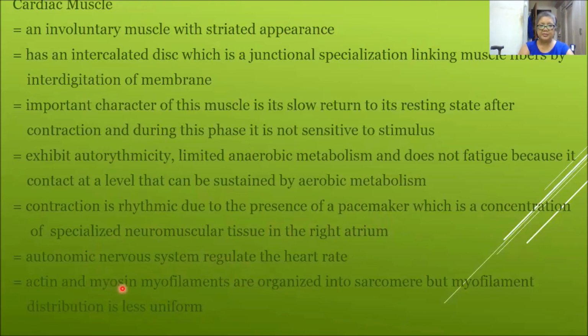Now, your actin and myosin myofilaments are organized into sarcomeres, but myofilament distribution is less uniform.